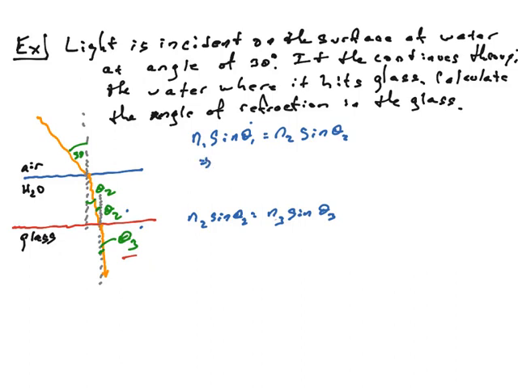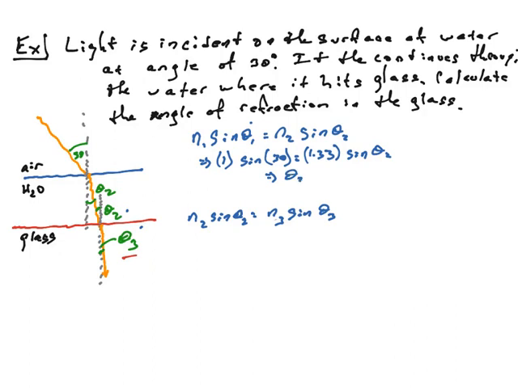One stuff, I'm in air, and I'm going to water. So N1 is 1. Sine of theta 1, that's 30. That's the angle going from the air to the water. Equals N2. Two stuff is water. So that's going to be 1.33 sine theta 2, which is what I want. I need to calculate theta 2.